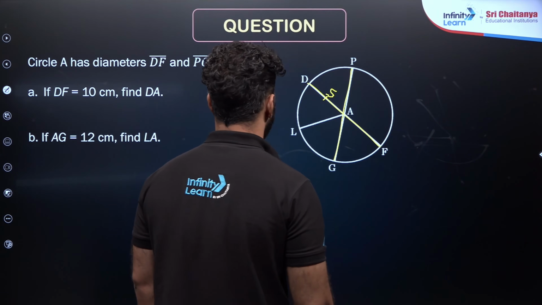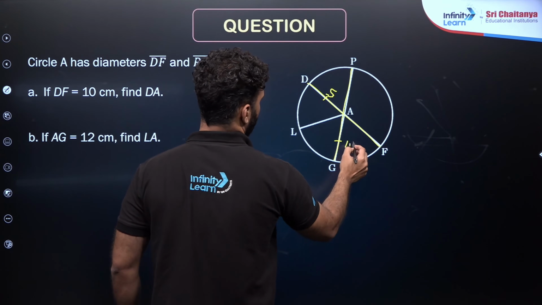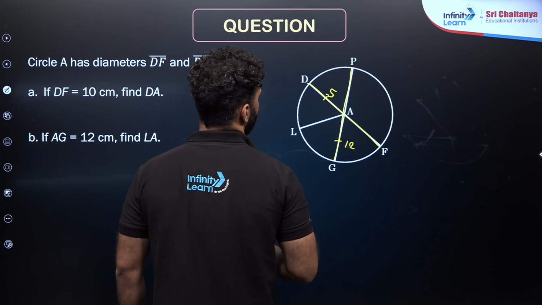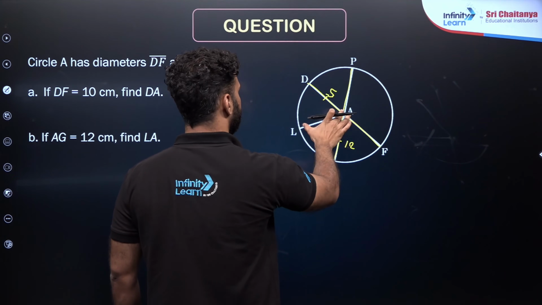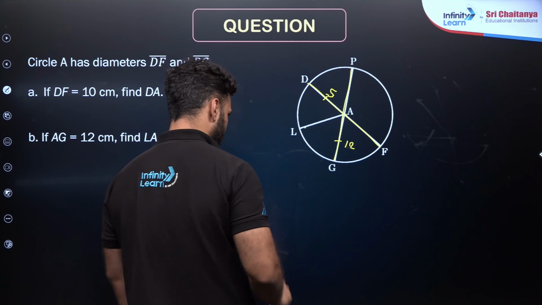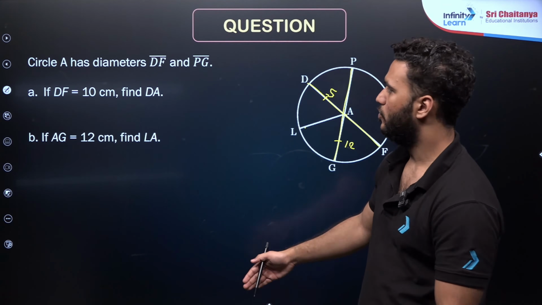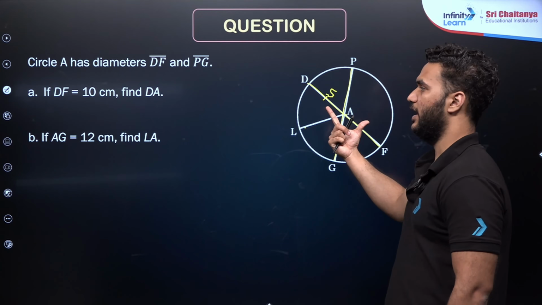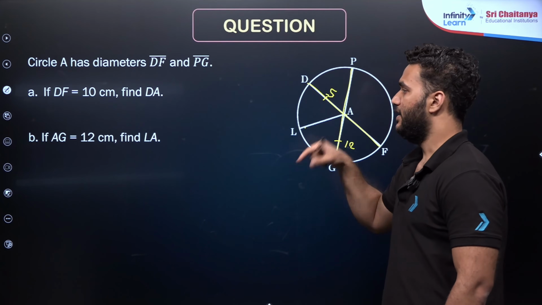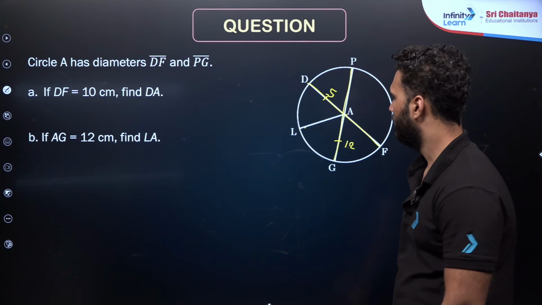Now a new case: if AG is 12, then find LA. Sir, this is also a radius, so it will also be 12. There are actually 2 questions here. For the first case, we have DF 10, then the radius will be 5. In the next case, we have a radius of 12, then this value will be 12 also.